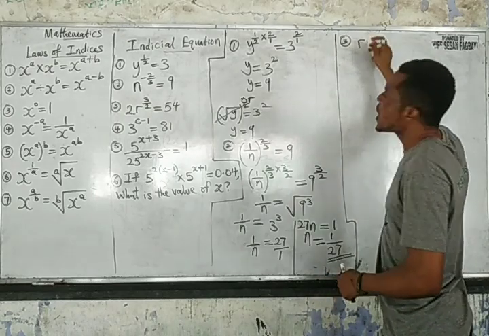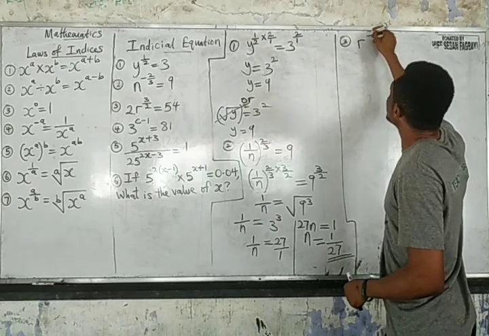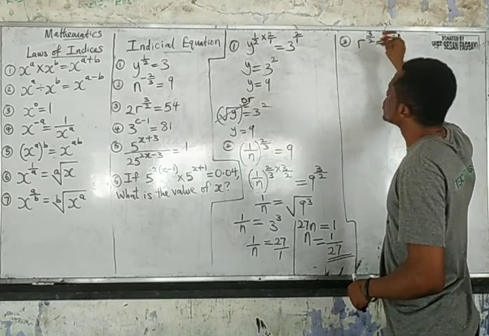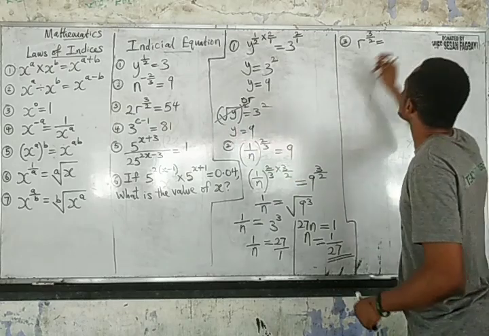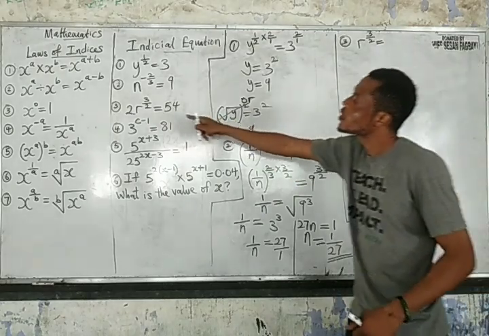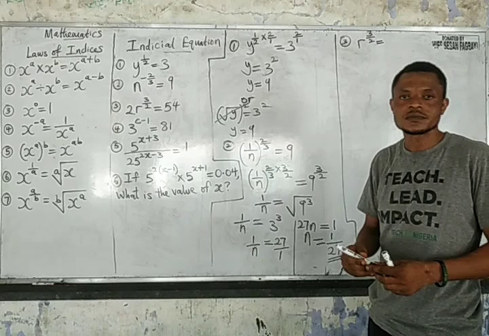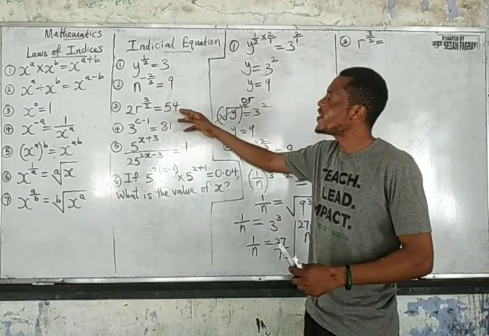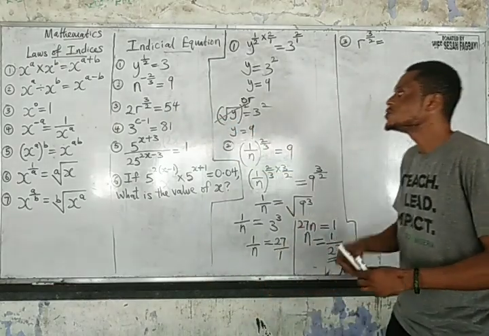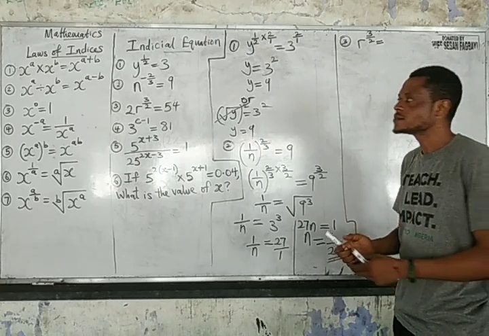We now have our r raised to the power of 3 all over 2 to give us 54 divided by 2. So 54 divided by 2 will give us 27.